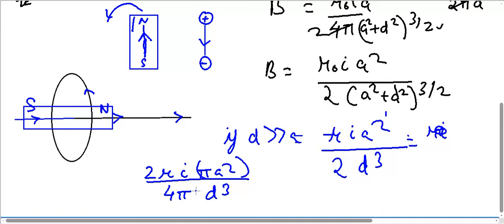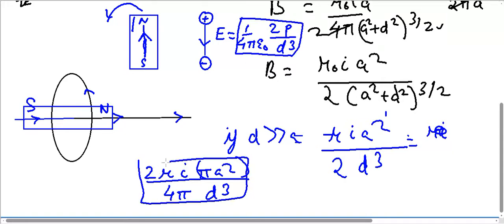Now, if you go back to the electrostatic dipole chapter, the electric field due to an electric dipole at the axis is given by E is equal to 1 by 4 pi epsilon naught times 2 p by D cubed. Now just compare these two equations.